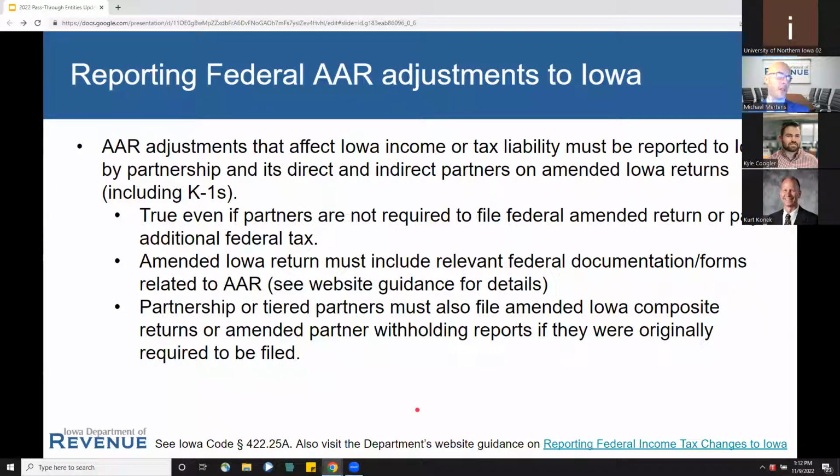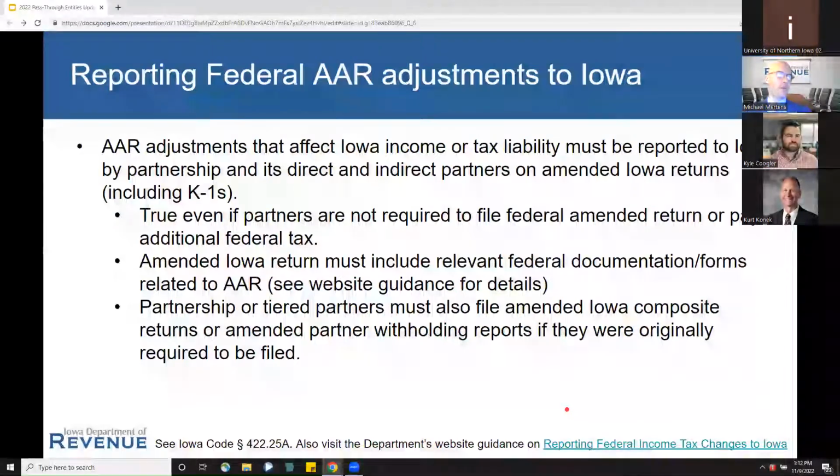So that's a big change. These amended Iowa returns must include relevant federal documentation about or forms related to that AAR, and our website guidance, which is actually hyperlinked on this slide, provides additional details about those types of forms that must be submitted with the partnership and partners amended return.